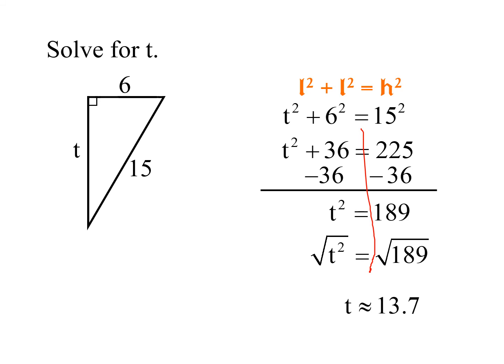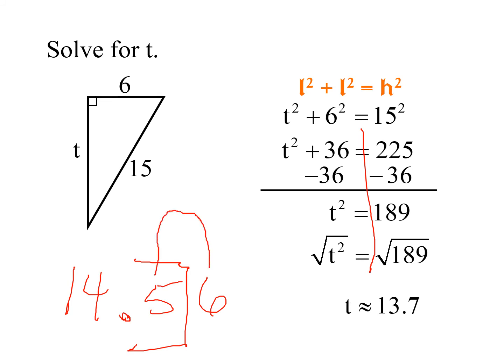Okay? And most of the time on your worksheet, I think today, I rounded it to one decimal place. But let's say it was 14.56. One decimal place means I want to keep one place after the decimal, but you still got to look at that second number and say, does that make it go up or stay the same?